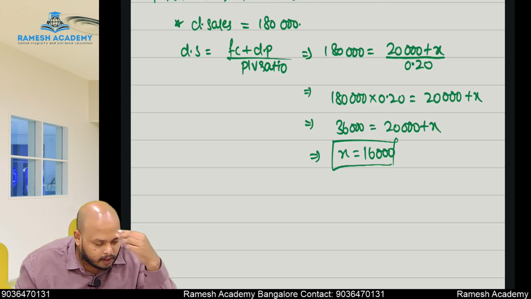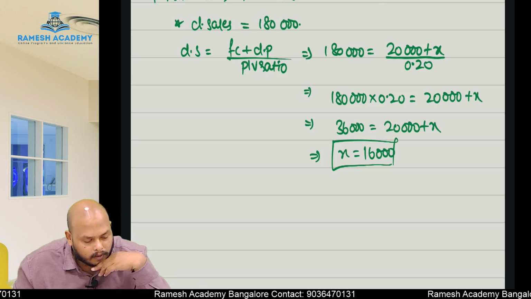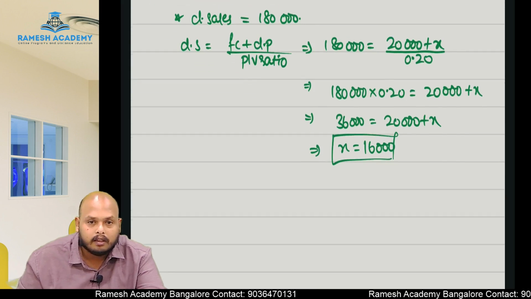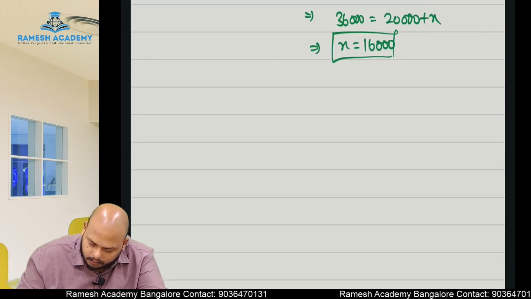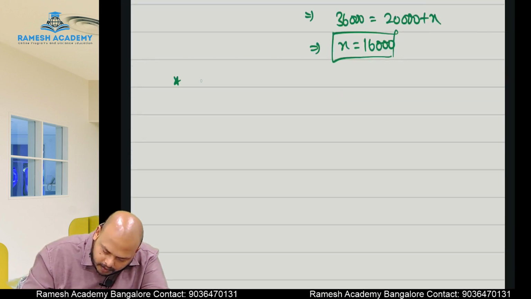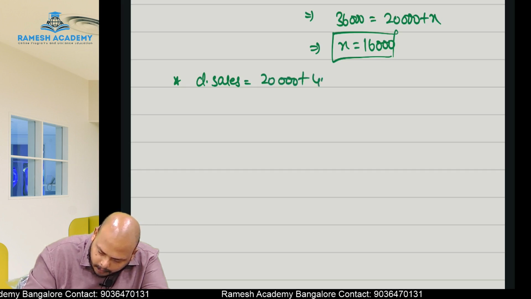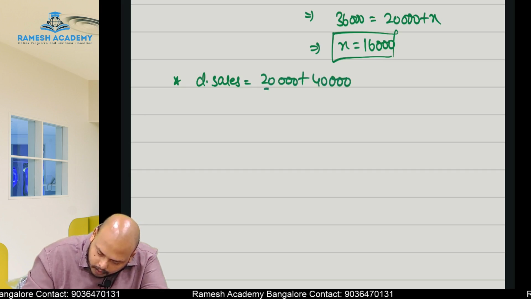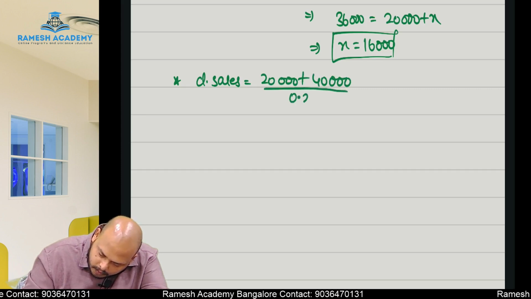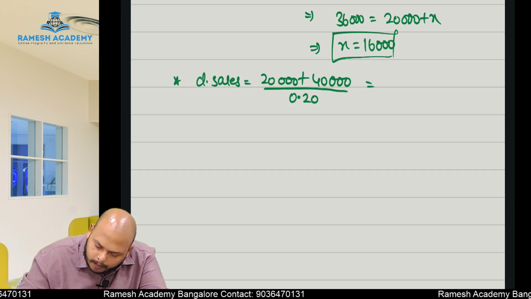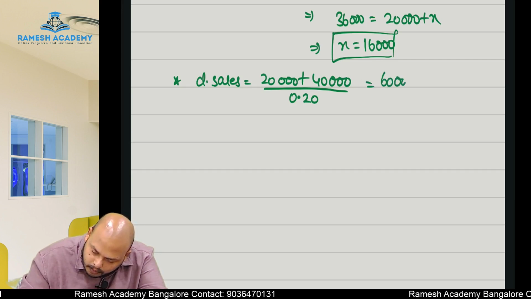Next question, what is he asking? What amount of sales will yield a profit of 40,000? He is asking. Okay? So simple. Again same formula. Desired sales is equal to fixed cost plus, what is the desired profit he is saying now? 40,000 by PV ratio 0.20. 20 plus 40, 60,000. 60,000 by 0.20.